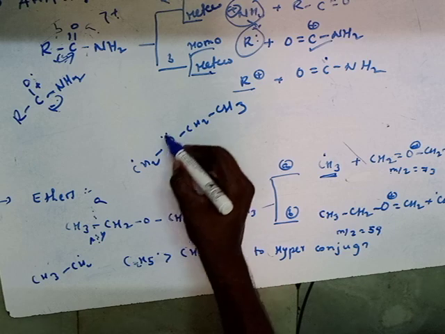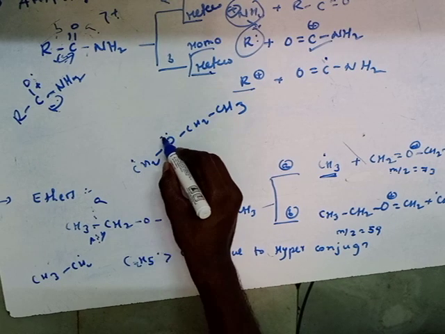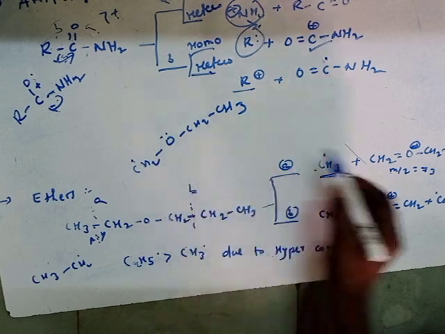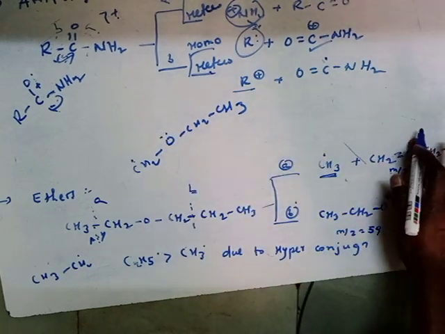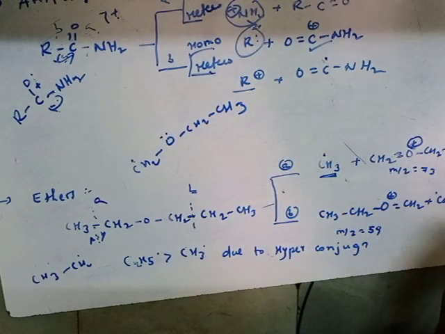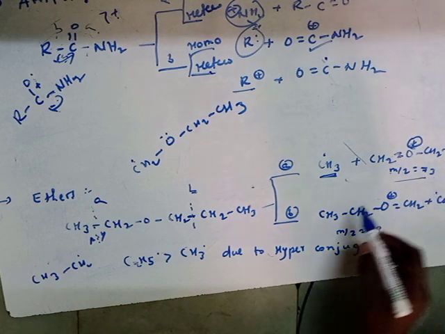Oxygen will have lone pairs, and this electron will combine to form a double bond. So here double bond, and here loss of electron. That's why it will be a positive charge. Its m/z value is 73.